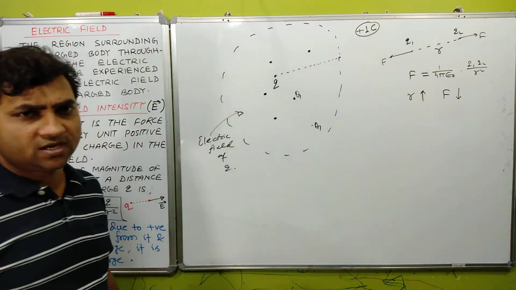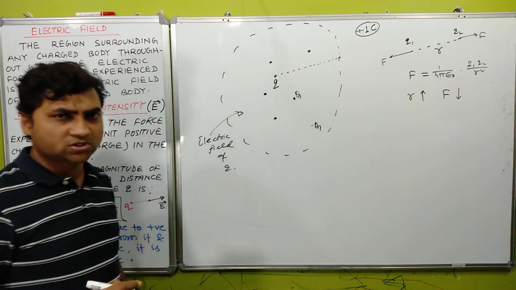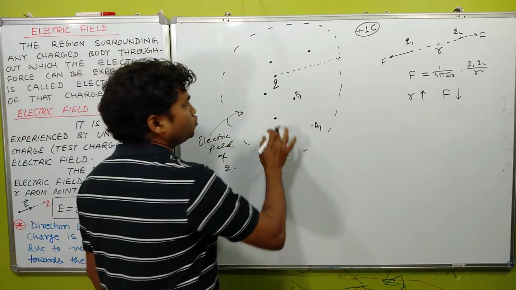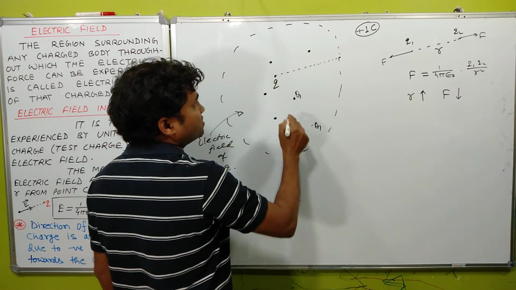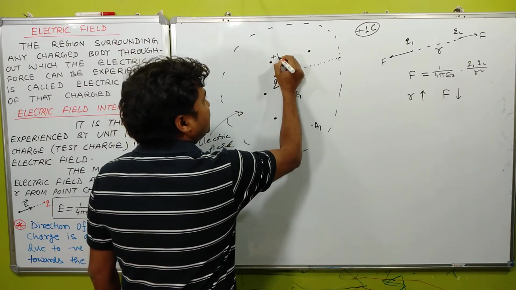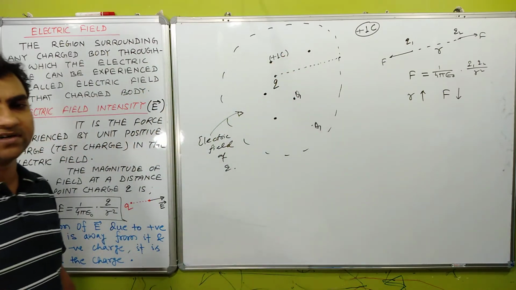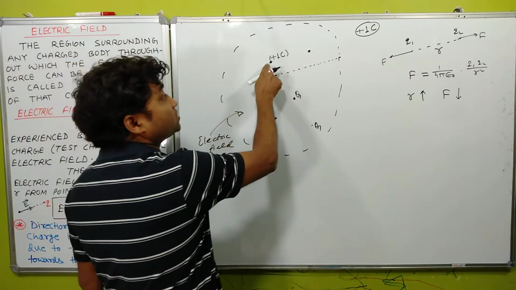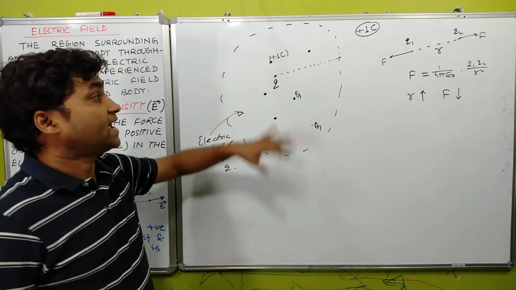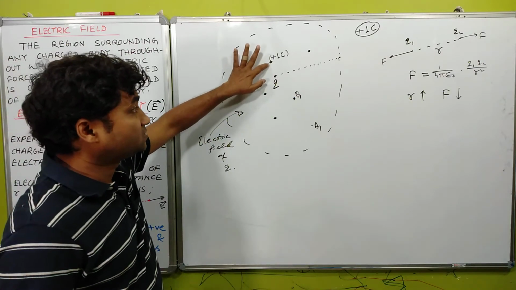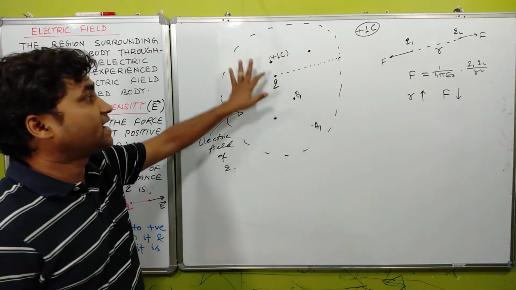If you want to know the strength of electric field at this point, then put unit positive charge, that is also known as test charge, at this point, and thereafter calculate the force acting on this charge due to a small q. The value of force acting on this point due to a small q will be the value of electric field at this point.